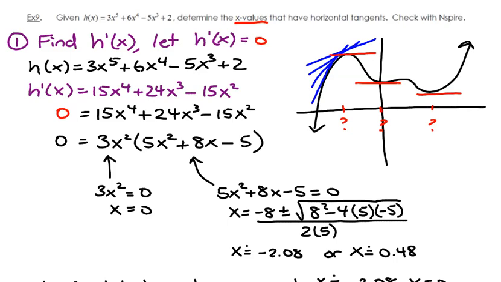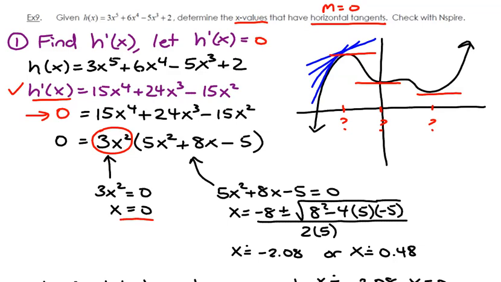Okay, so what we have to do is we have to find the derivative, that's the slope formula. So this formula right here is the formula for all slopes everywhere along that polynomial function. And then what we have to do is if you want horizontal tangents, you're basically looking for a slope of 0. And that's why we put 0 right here into your slope. So we can start to solve by factoring. Okay, so notice that I have this guy right here, and that gives me an x value of 0.